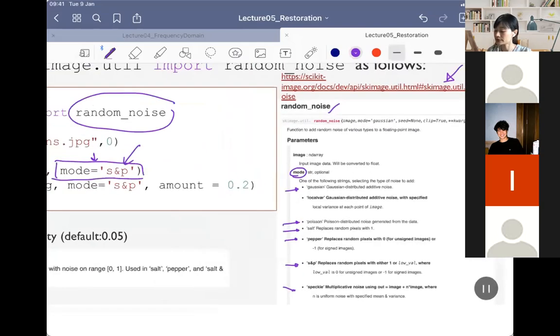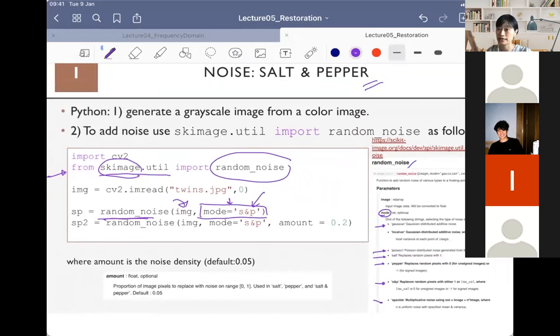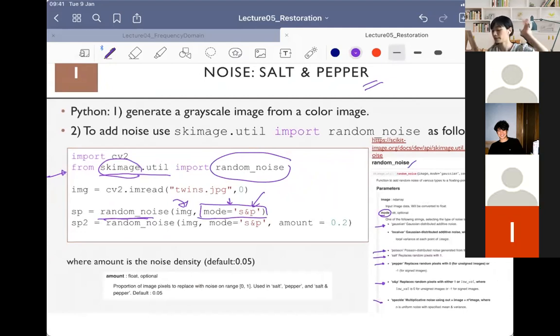So you are able to create an image that has been affected by noise. There is also another parameter called amount.